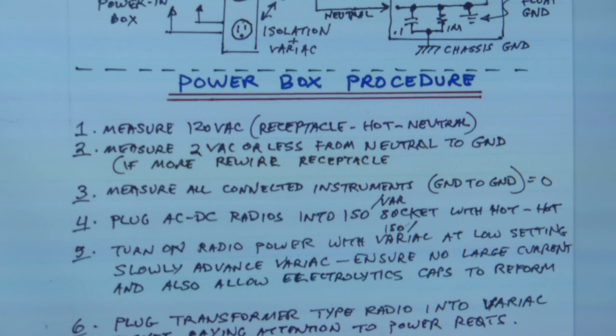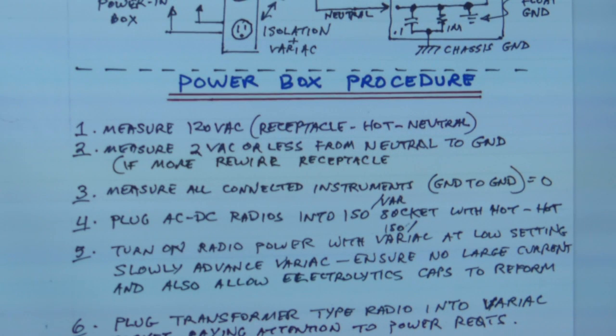In fact, when I was setting up my little workshop at home, I noticed that sometimes I was getting an offset voltage between the grounds of some instruments that were plugged in on some receptacles as opposed to other instruments. And we'll get to that because number 2 says measure 2 volts AC or less from the neutral to the ground.